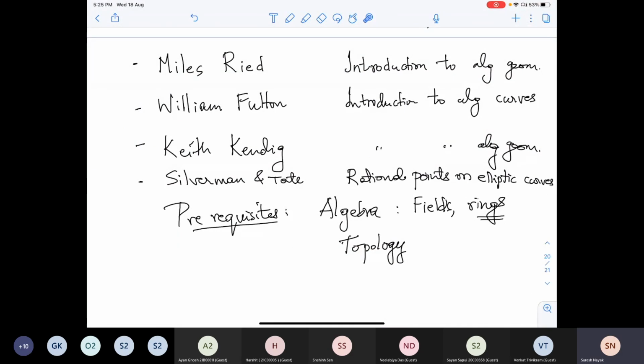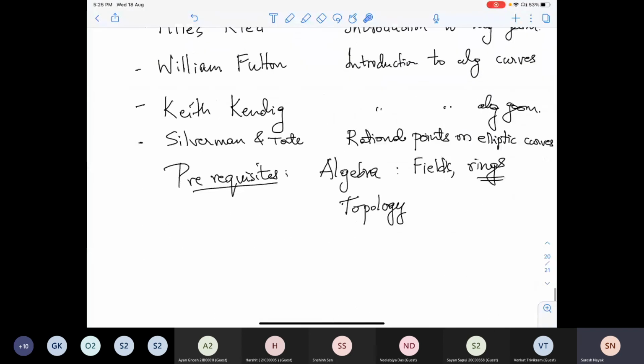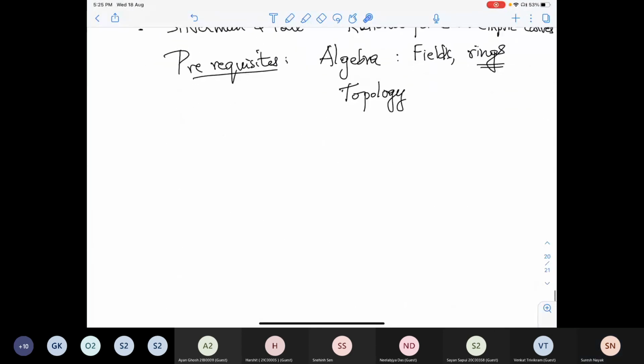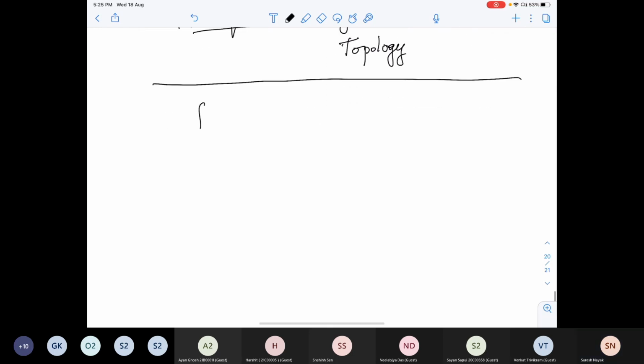Smooth in a very general context is more technical, but in the context of a plane algebraic curve, it's much easier. So we will say f(x,y) = 0 defines a smooth curve at a point.